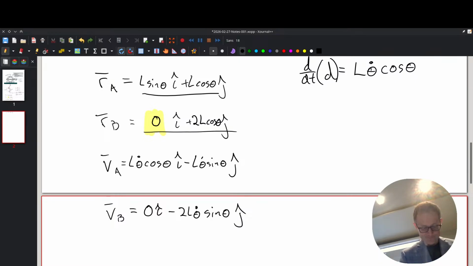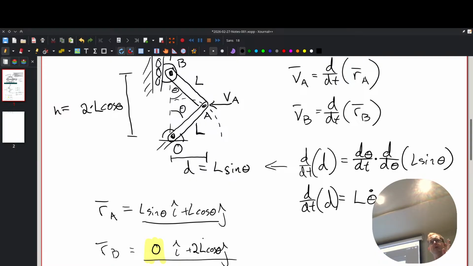Can I have one question? Yeah. How do you define the sign of the theta? How do you know the sign is minus or positive? Like overall what the angle is, or the theta dot?